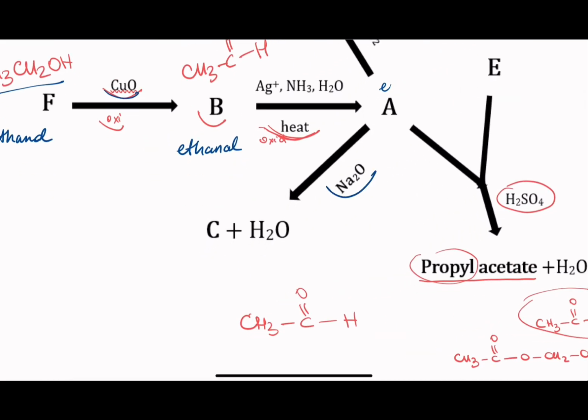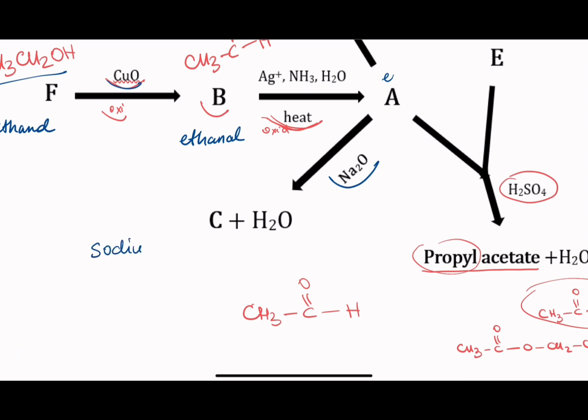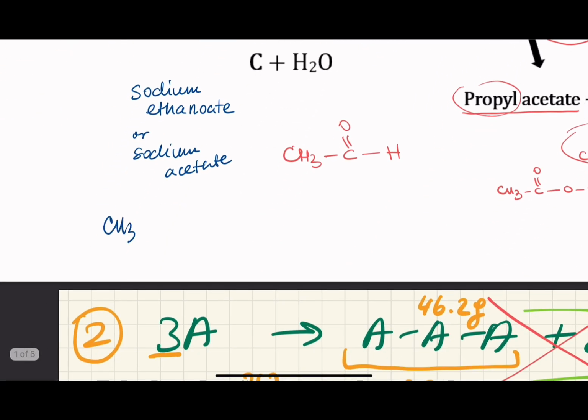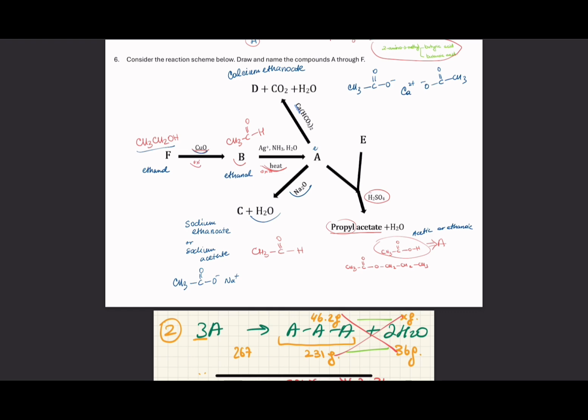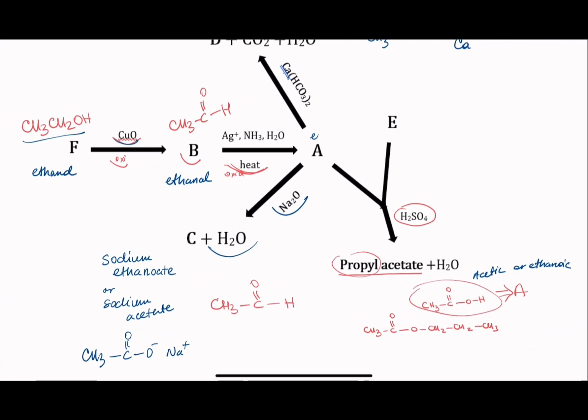Sodium oxide, when it was added to ethanoic acid or acetic acid, you're just going to get sodium ethanoate or acetate, or sodium acetate. This would be CH3COO negative and sodium plus. And there's water, of course, coming out of here. And E, I forgot about it, is propanol. It had to be an alcohol coming from here, propanol.